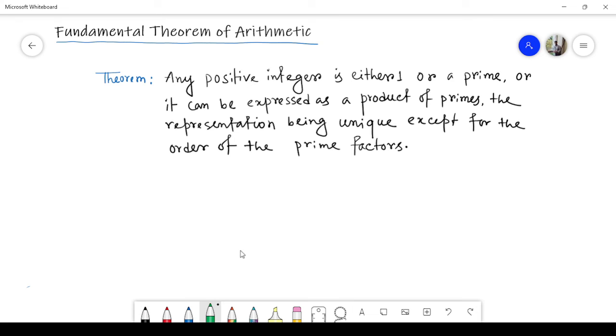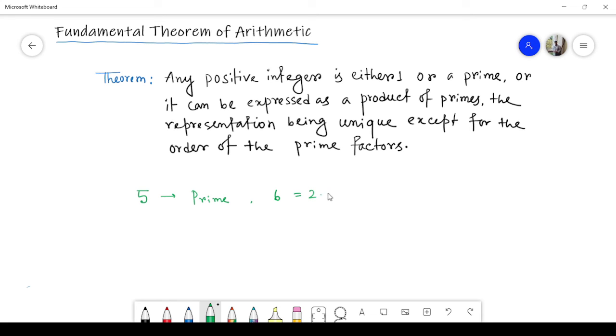Now suppose we take any positive integer. 5 is a positive integer and clearly it is a prime number. 6 is not a prime number, and it can be expressed as a product of primes.